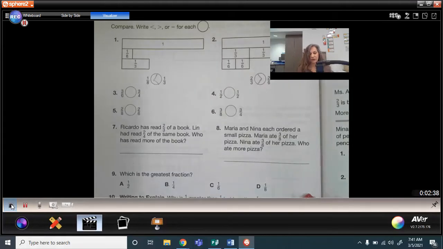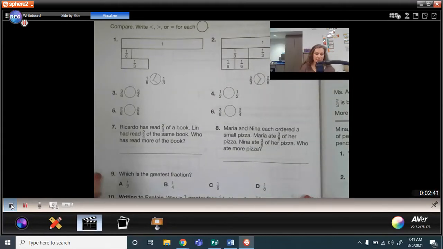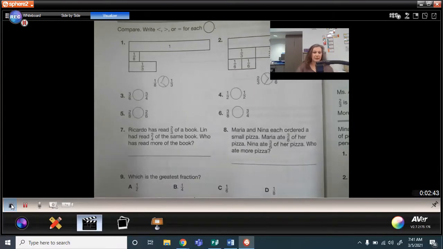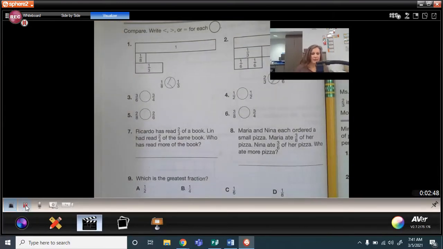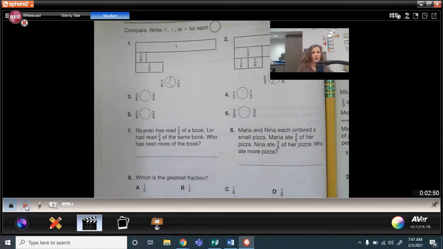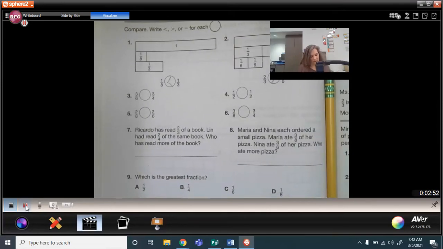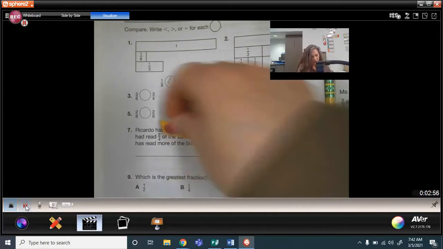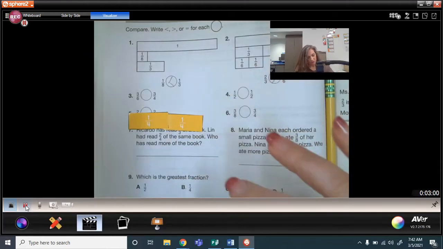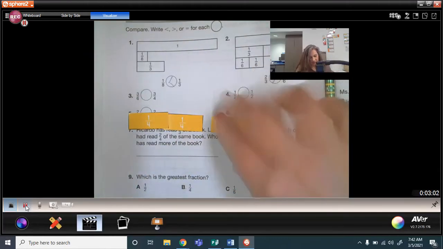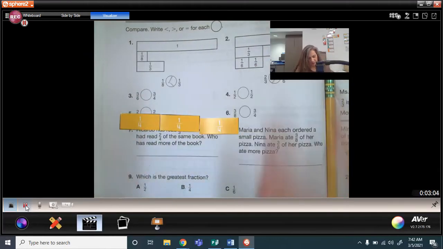Next we're going to look at number 3. Number 3 is 3/6. We're going to take 3/6 and compare them to 3/4. You have your fraction strips. If you use those, please make sure that you're lining them up side by side.